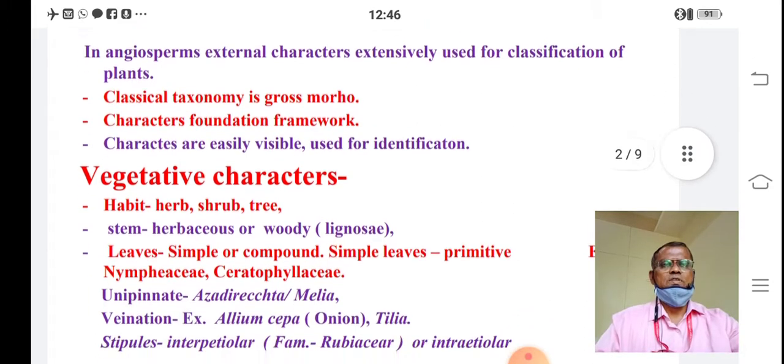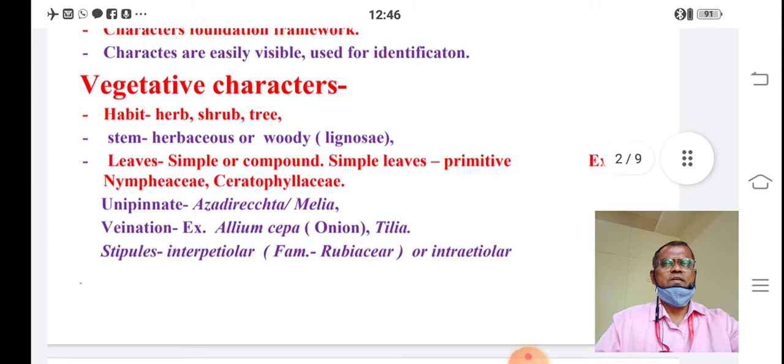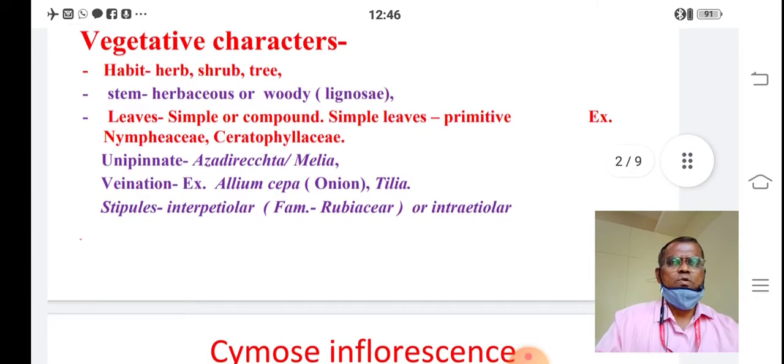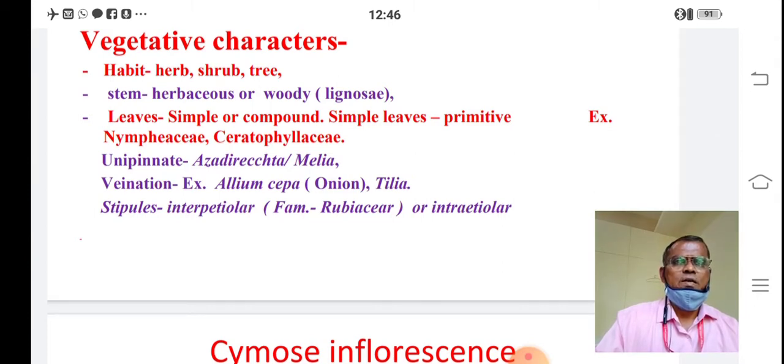In morphological characters, we will firstly give the weightage to the vegetative characters. In vegetative characters, we know habit. In habit, herb, shrub and tree are the common terms we use. Herb means below 2 feet and the stem is herbaceous, that is, no woody stem. In the shrub, the height is more than 2 feet and up to 1 or 2 meters, but the stem is woody.